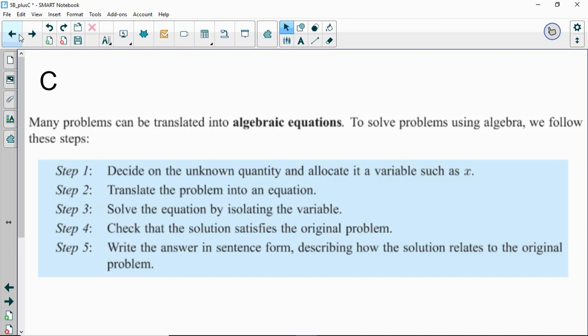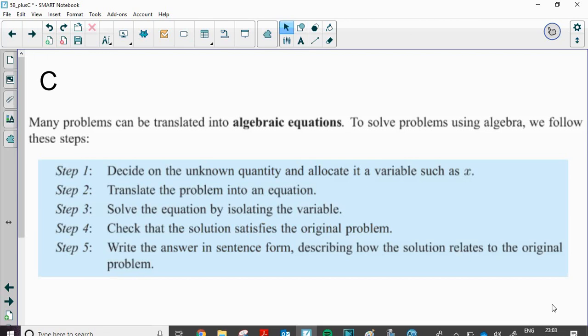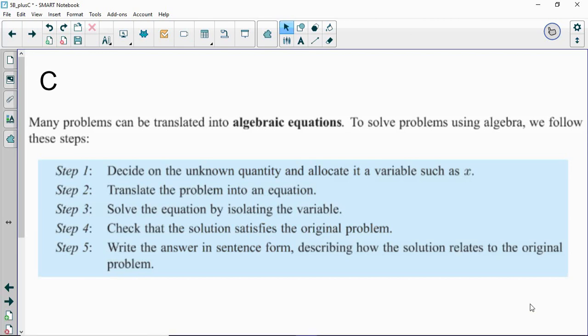A lot of people are just focused in math class on, hey, what is the numerical answer? But I think it's important that we remember that mathematics has, sometimes at least, a context in the real world, and we should keep that in mind when we're reporting our answer. Now, I'm not going to do any examples out of section C, partially because this video has gone on forever, and partially because every single question is going to be different. So it doesn't matter if I show you one example or two examples or 20 examples, there are still going to be plenty of other questions out there that look totally different.